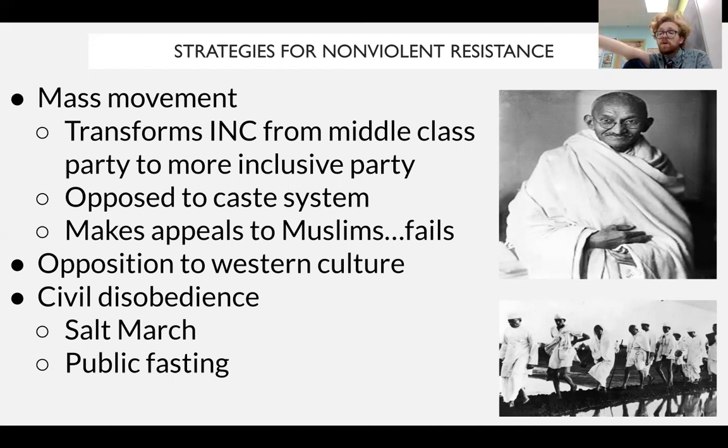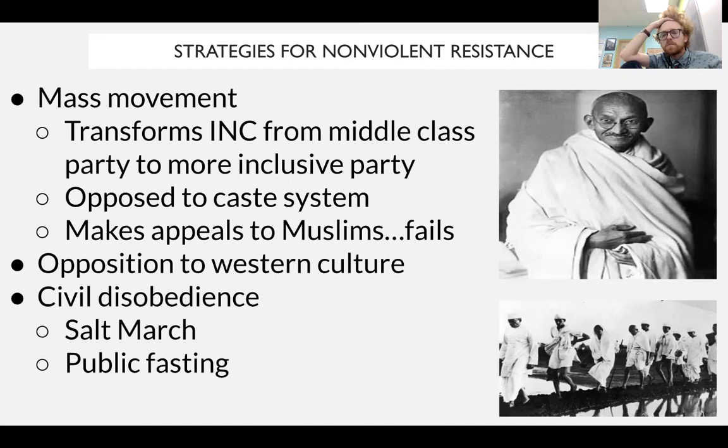And Gandhi is even going to reach out to Muslims. He is going to say, this is a movement for all of us. We need the British out. We can work out our differences after independence. However, the thing of it is, people are skeptical of the Muslim population in India. Hindus are largely skeptical of Muslims because of the kind of favoring that the British had of the Muslim groups in India, the appearance of that anyway.